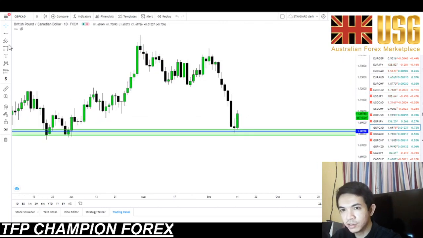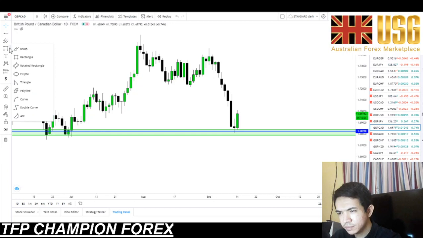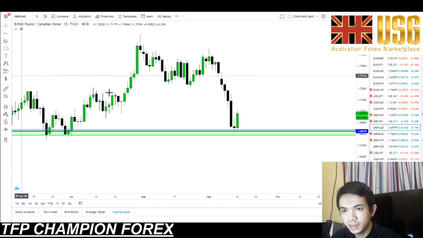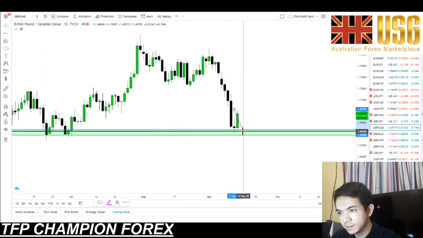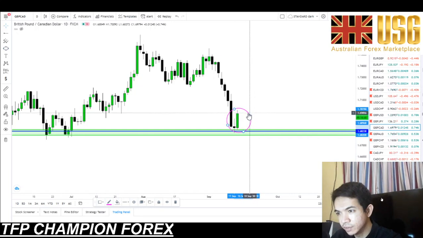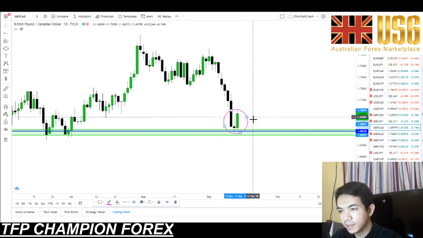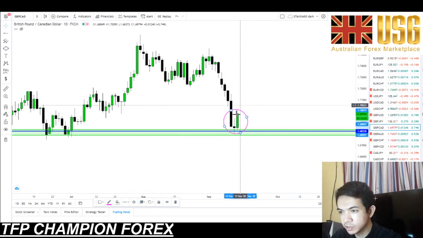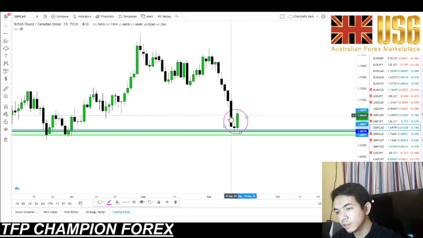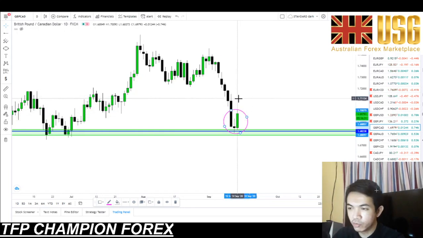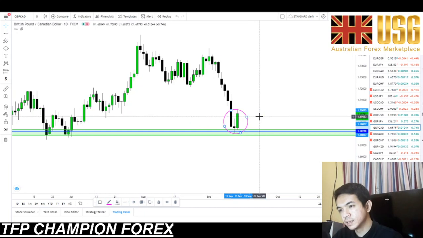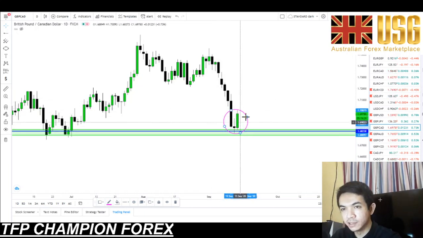We can see here an engulfing candle. Definitely engulfing implies that there's a surge of buyers as compared to the sellers, which means the buyers are overpowering the sellers, illustrated by this candlestick formation.